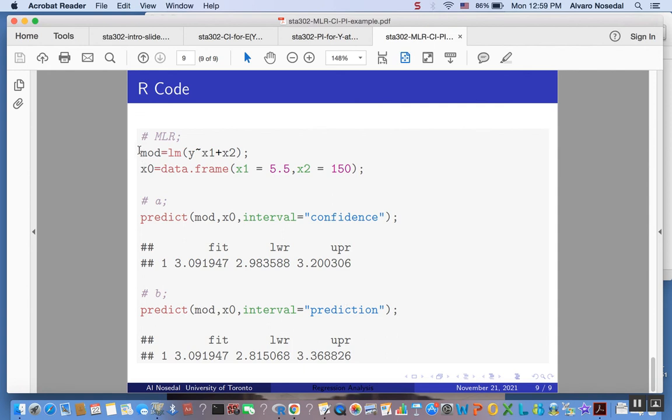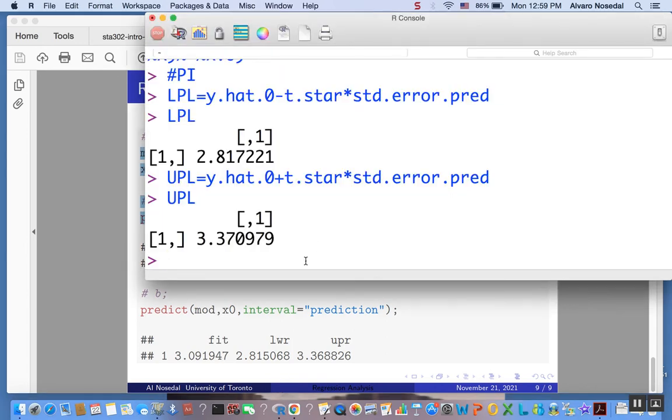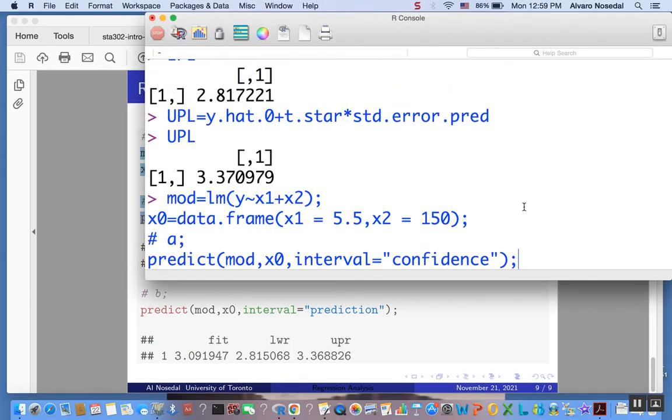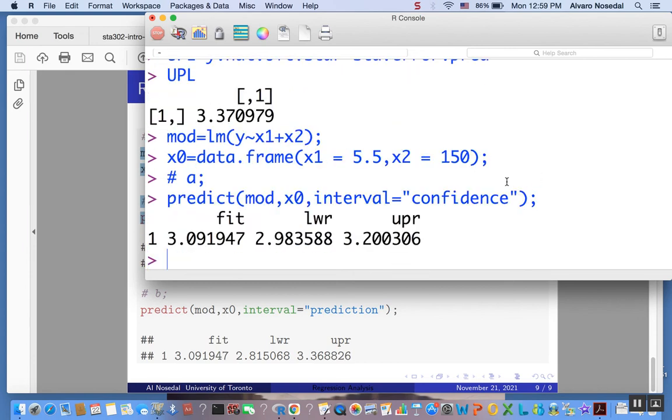So let's see. Let's do this one first, and then we're going to compare to what we obtained using our matrix algebra approach, our formulas. So according to this, the lower limit is 2.9835 and the upper limit for a confidence interval is 3.200.